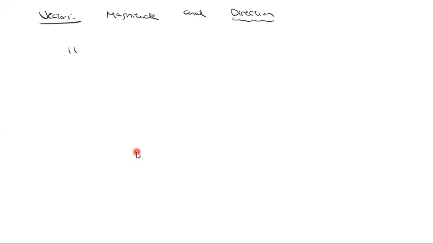Now, if you've got a one-dimensional vector, in other words, you've only got left or right, or you've got an up or down situation. So for example, if your particle is moving left or right, then by convention, we say to the right is positive and to the left is negative, although that's completely up to you. And by convention, if it's an up or down only situation, so if we throw something up and it comes down and it doesn't move left or right, then by convention, we say up is positive, down is negative.